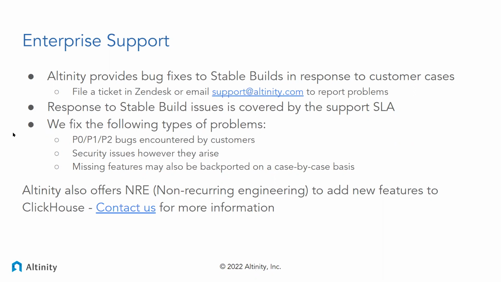So just in general, we fix, of course, bugs and security issues. We also, from time to time, backport features that are really essential for people to operate, but aren't necessarily backported in upstream. Upstream, generally speaking, only backports bug fixes.